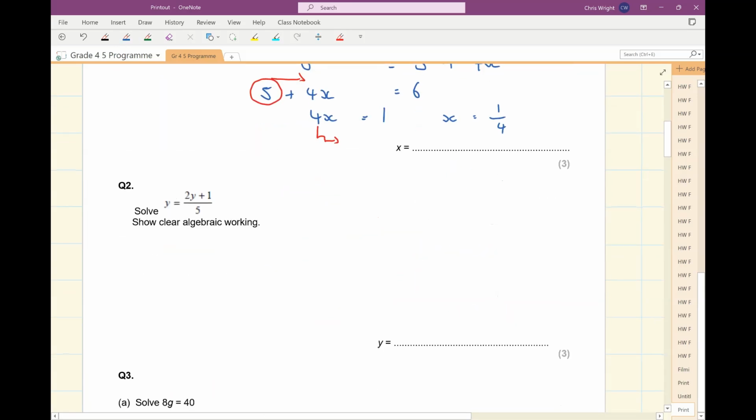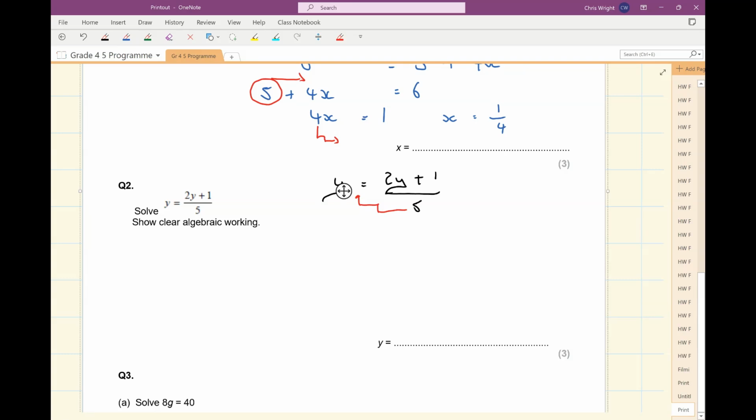Question 2. Let's have a look at this one. Right, let's write it down here. I've got y equals 2y plus 1 over 5. Right, well, I'm going to escalate up that 5. So I'm going to end up with 5y on the left and 2y plus 1 on the right.